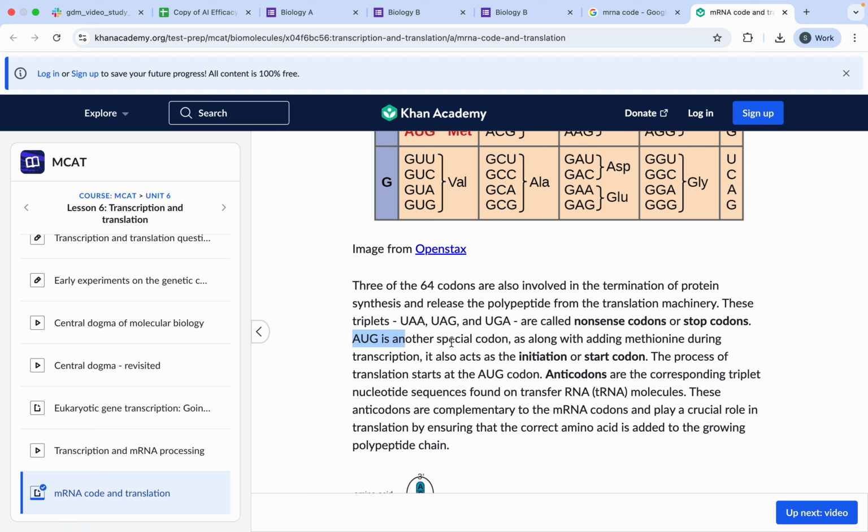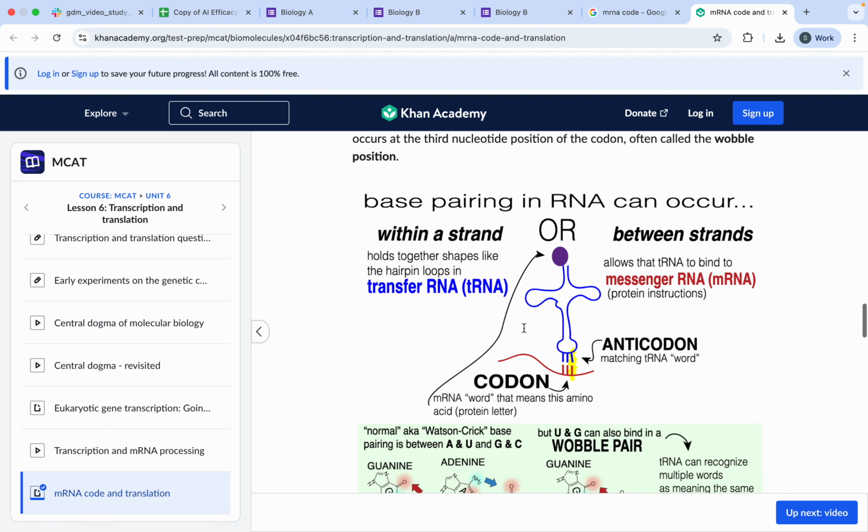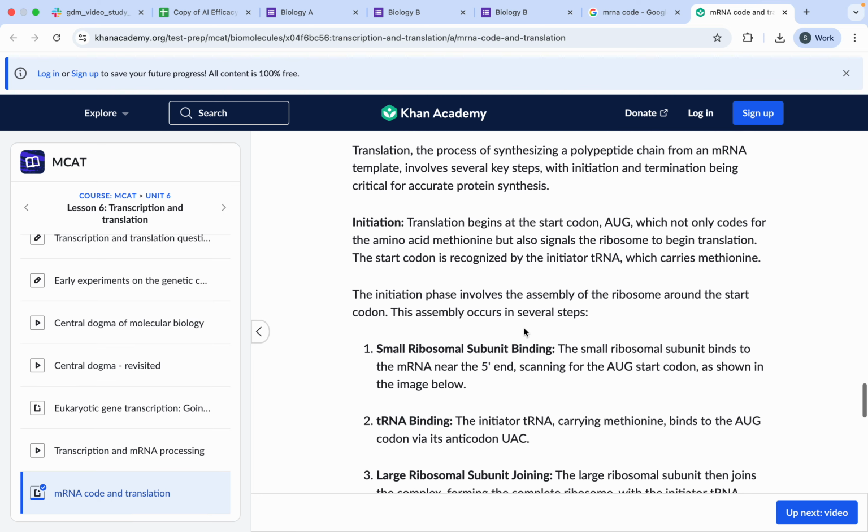AUG is a special codon, as along with adding methionine during translation, it also acts as the initiation or start codon. The process of translation starts from the AUG codon, okay? Anticodons are the corresponding triplet nucleotide sequences found on the transfer RNA molecule, okay?